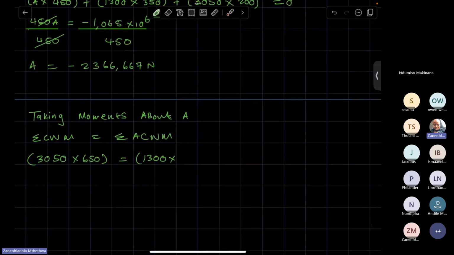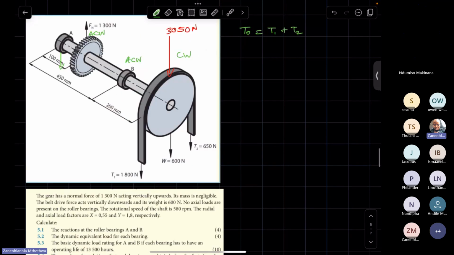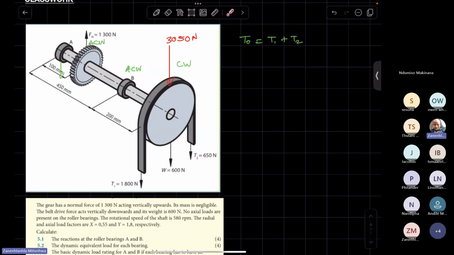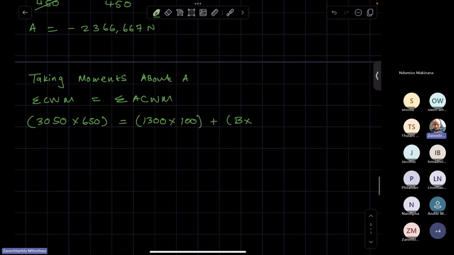So 1300 times 100, plus the reaction at B times the distance between B and A. The distance between B and A is 450. So B times 450.